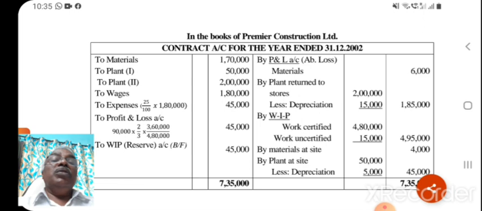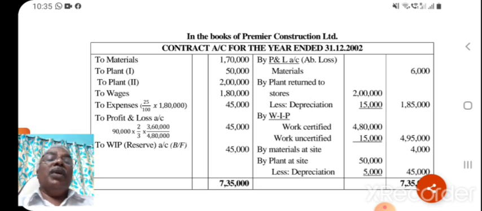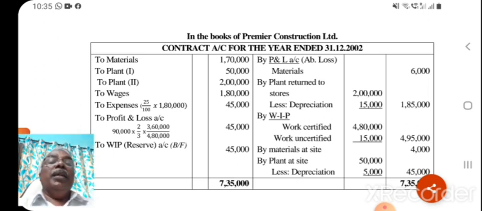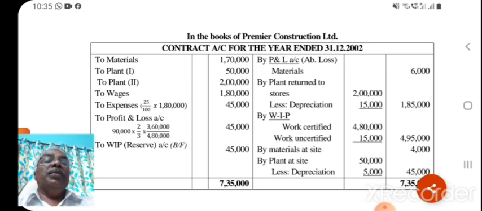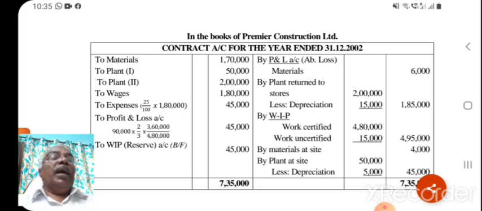So 90,000 multiplied by two-thirds multiplied by cash received. What is the cash received? 75% of 4,80,000. Either you can take 75% directly, or you have to calculate what is 75% of 4,80,000. It is 3,60,000 divided by 4,80,000. You will get 45,000. The remaining 45,000 you can transfer to work in progress reserve account.